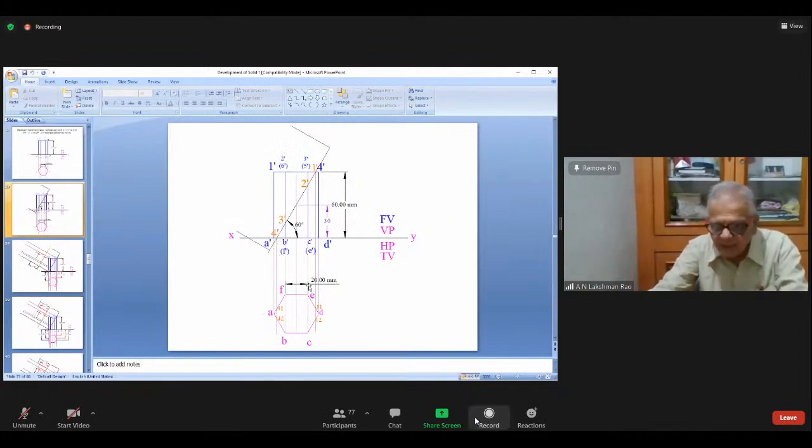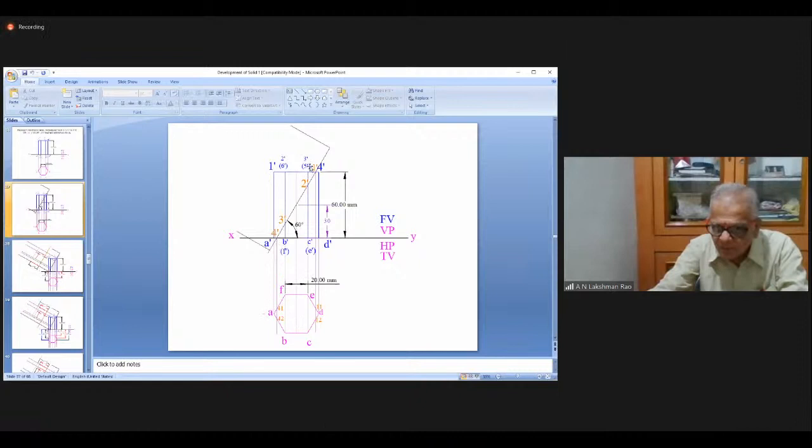Now, as usual, I marked here 1, 2, 3, 4. I draw the hexagon, draw the front view, then take the midpoint and draw 60 degrees. Wherever they are cutting, A dash, 1 dash, etc., mark numbers.